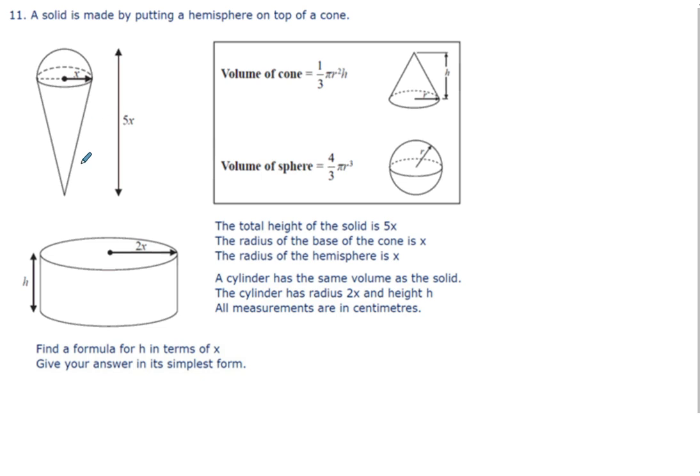Whatever you see, try and sort of prepare it beforehand. All right, so you've got the total height of the solid is 5x, the radius is x, okay, and the radius of the hemisphere is x. So can you see that would also be the radius, so that would be x, yeah?